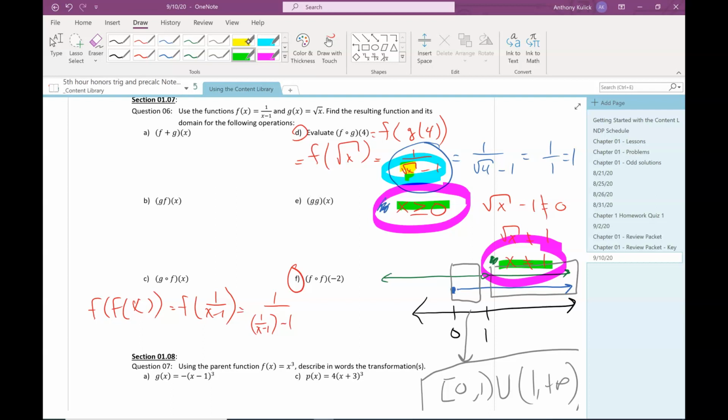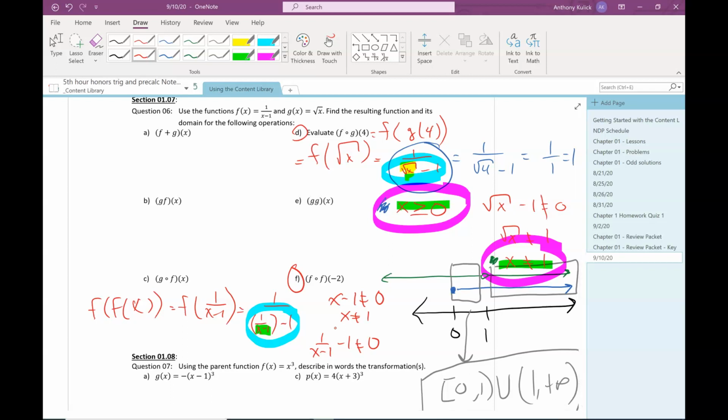Okay, so I see two separate places where I have a denominator, right? I see this part right here is a denominator. And then I see this part right here that's a denominator. Is everybody okay there?